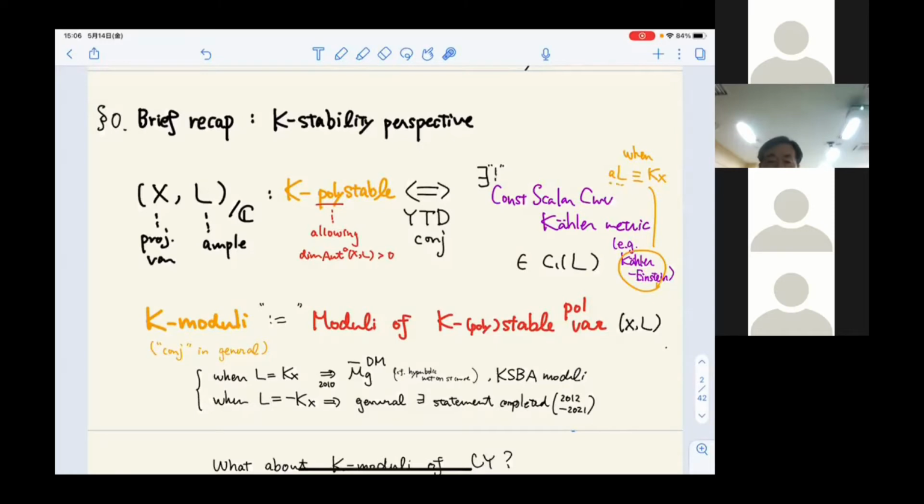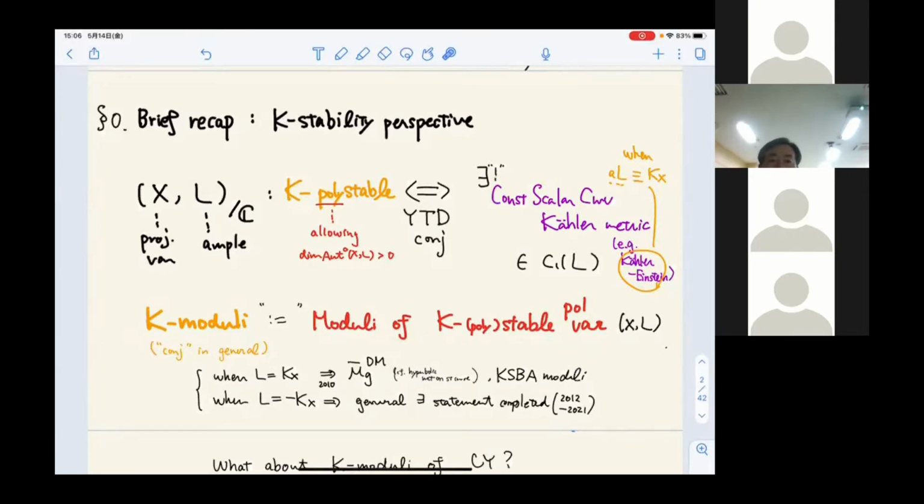This is about the existence of some canonical metrics, or the differential geometric story. But K-moduli, which is more or less the moduli of K-polystable varieties, is another matter.